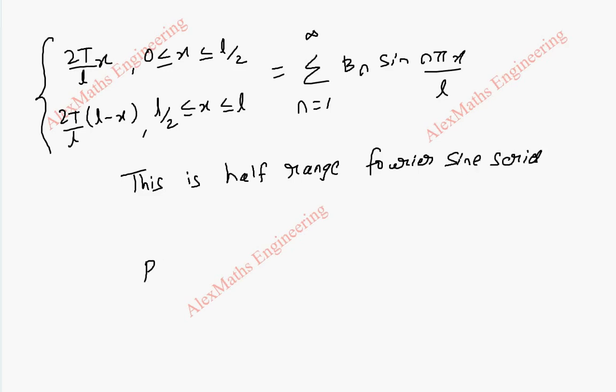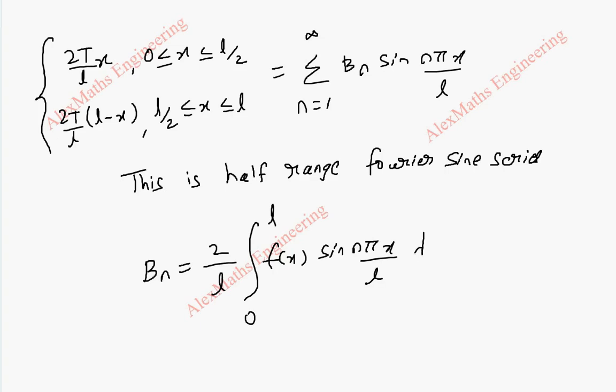So we can find the constant Bn using the integration formula 2/L ∫ from 0 to L f(x) sin(nπx/L) dx.